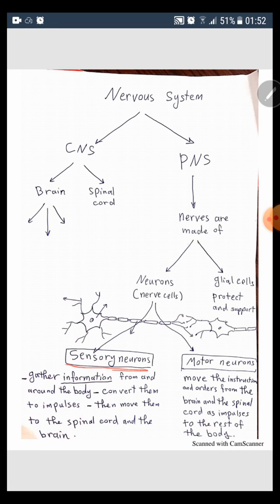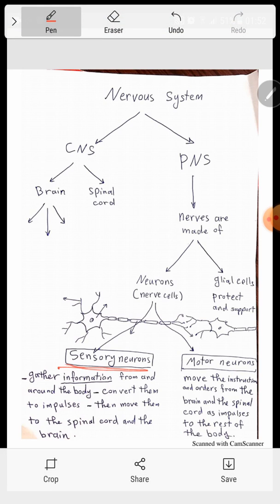Sensory neurons gather the information from and around the body, then convert it to impulses.